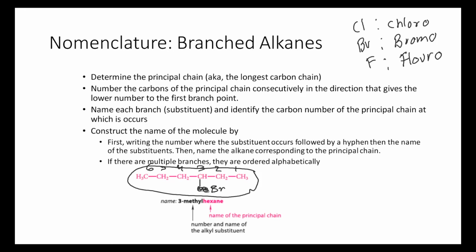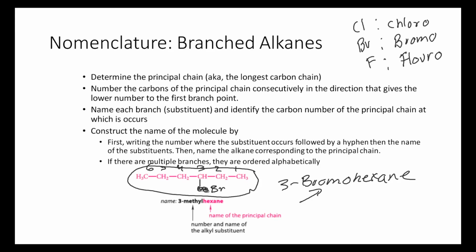Our substituent is on carbon 3, so 3-bromo, and then hexane. It's still a substituent, so it goes in front of the principal chain, but now it's bromo. You do the same thing with chlorine, so it's 3-chlorohexane, or 3-fluorohexane with fluorine, or 3-bromohexane.